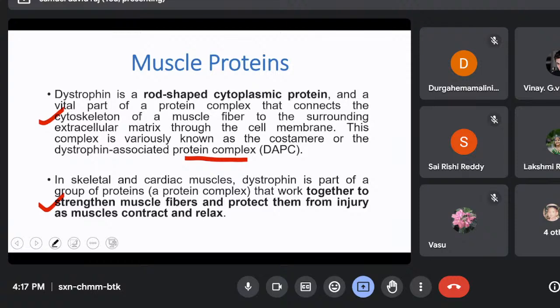Thus it gives strength. For example, if someone hits your hand, it will not move because you are giving support on the other side. Likewise, the muscle fiber is also getting support from dystrophin.